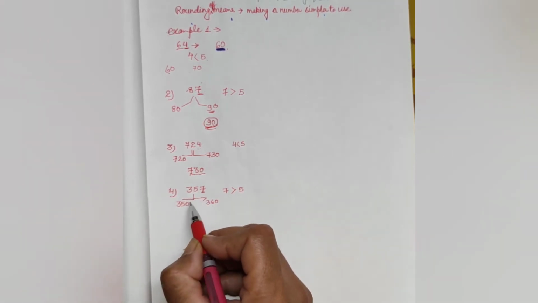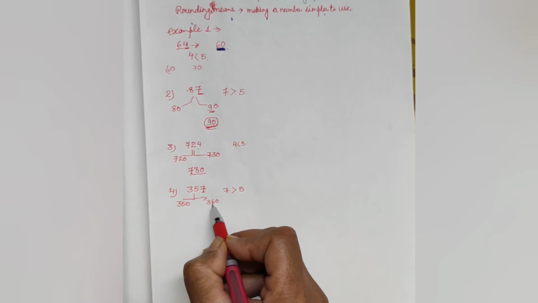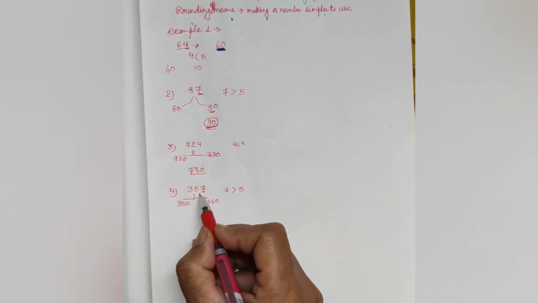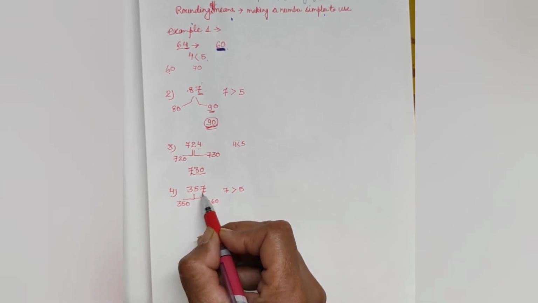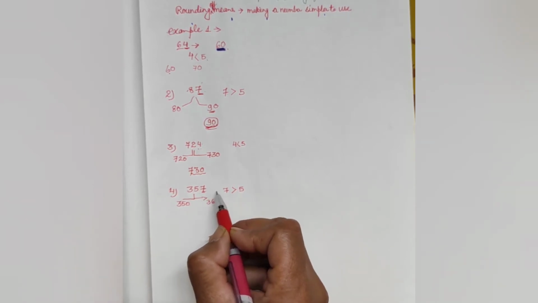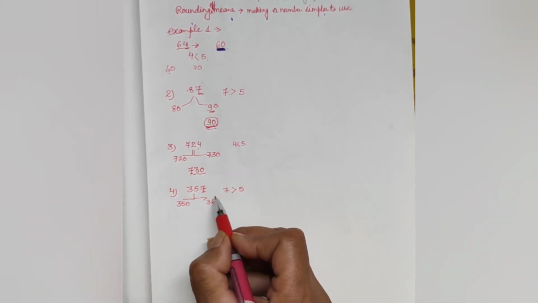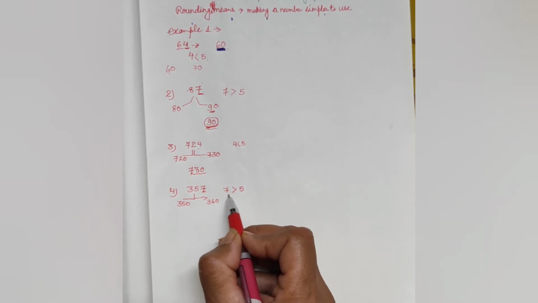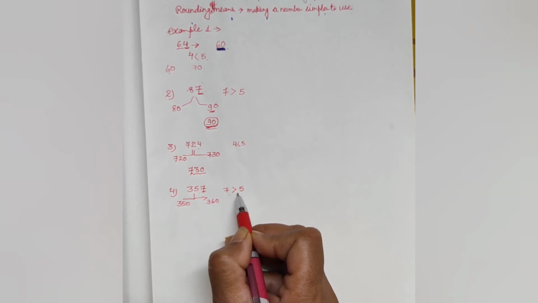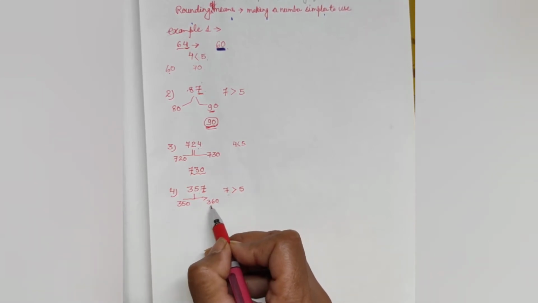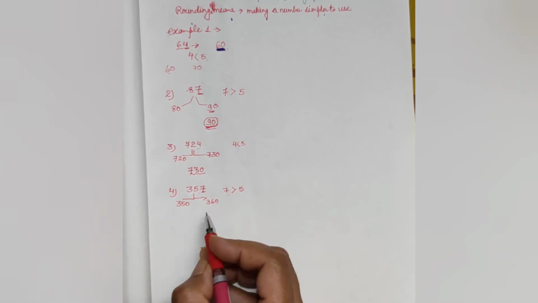If the digit at the ones place is 5 or more, we round off to the upper number.